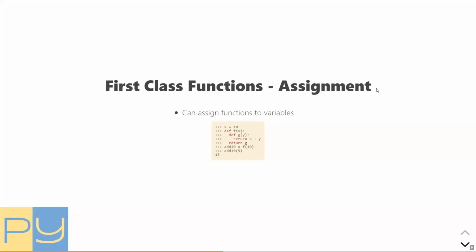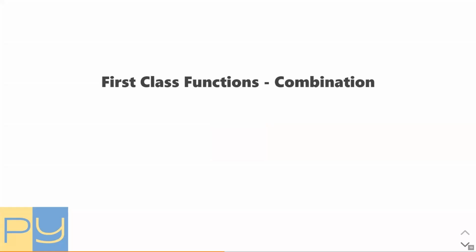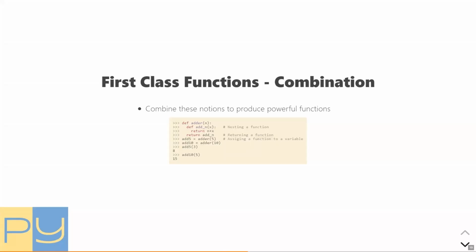Now that we have this notion of assigning functions to variables, returning functions, and nesting functions within functions, we can combine all these and get a very powerful generic function out. Let's walk through this. We're going to define a function called adder, which takes in some number n, and it's going to allow us to define various adder functions of different increments.